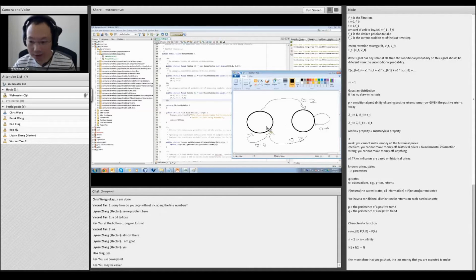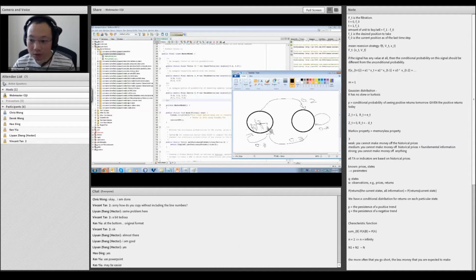So this is omega 1, this is omega 2, this is omega 3. The probability of seeing omega 1 is 0.8, and the probability of seeing omega 2 is 0.1, 0.1. And likewise, you have omega 1, omega 2, omega 3 here too.